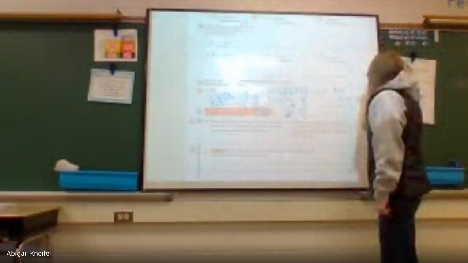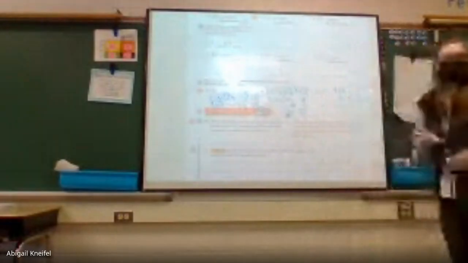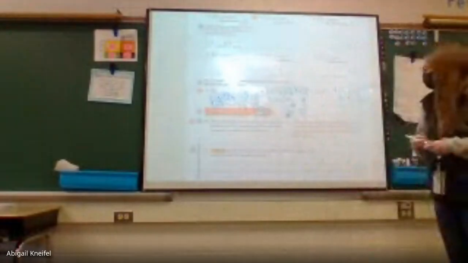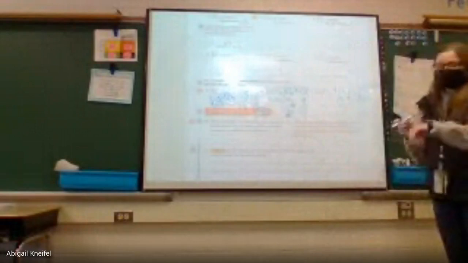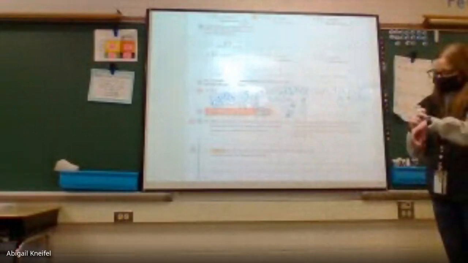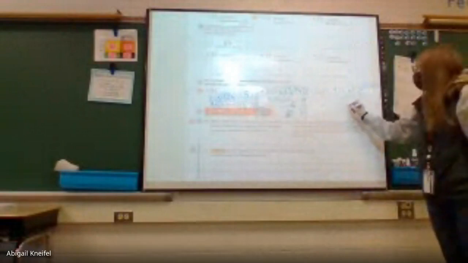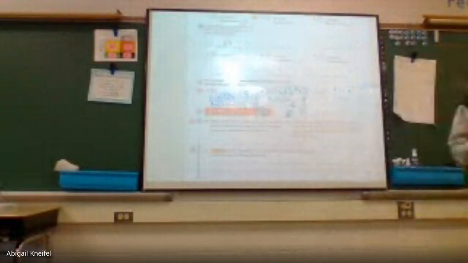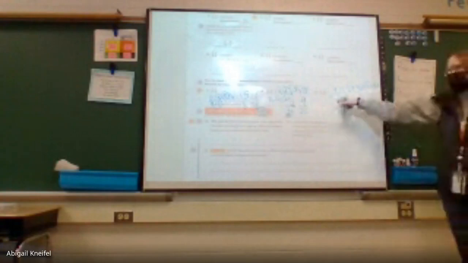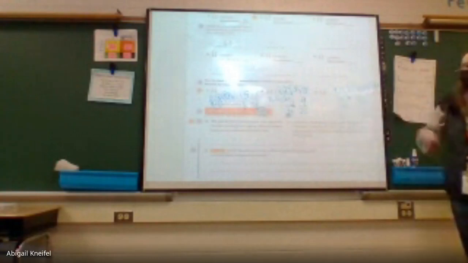How many times do I need to multiply 9 to get to 45? 5. So 5 times 5 is 25. Fabulous. How many times do I need to multiply 15 to get to 45? 3 times.